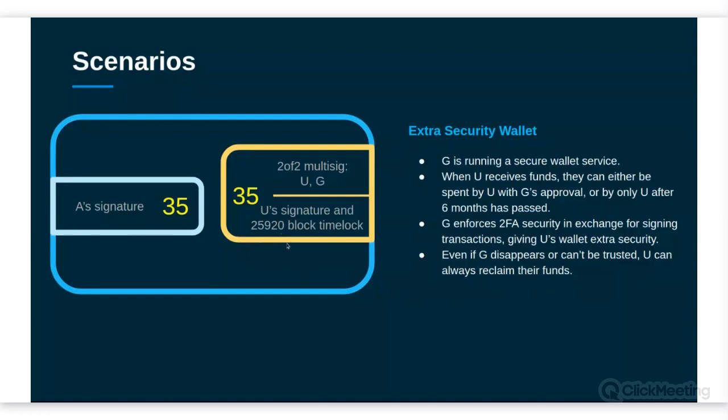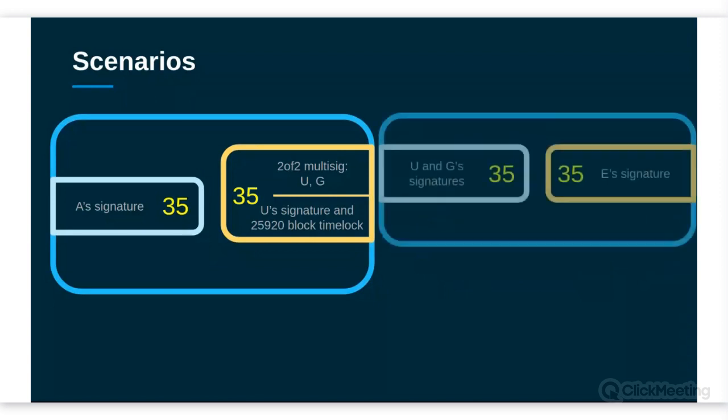In this scenario, that's about 6 months. So what this allows is that the Green servers can provide 2FA security. You can have some alternate confirmation you need to pass, like an email or Google Authenticator, and then the Green server will provide the signature needed, and then you can spend the funds, just like this. Then 35 Bitcoin gets spent and sent to Eugene or whoever.